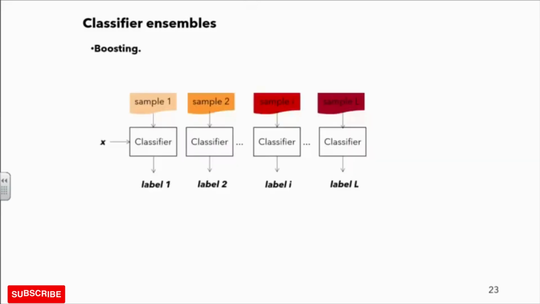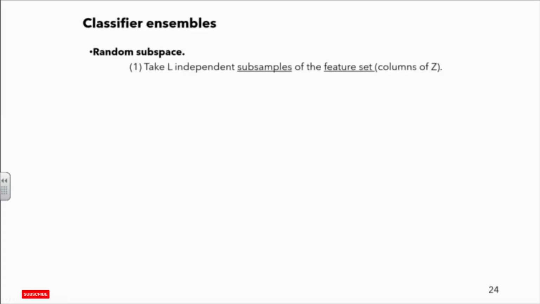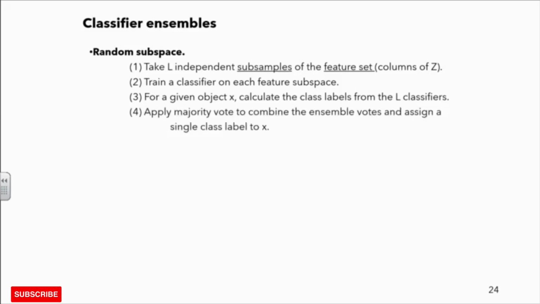Random subspace is a different approach. We take L independent subsamples of the feature set, so not bootstrap samples, subsamples in that case. We train a classifier on each feature subspace. For a given object X, we calculate the class label with the L classifiers.